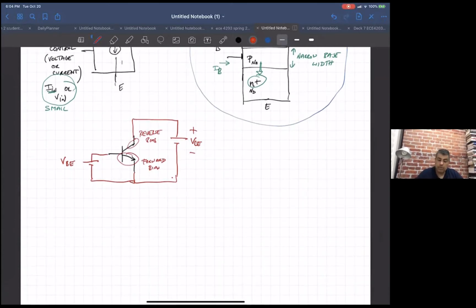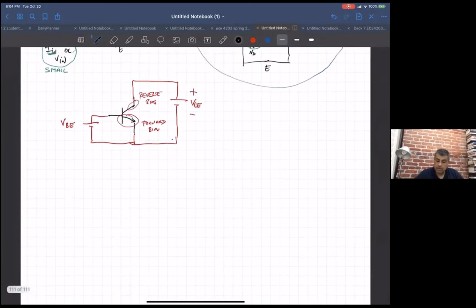Okay, and if you do that properly, if you make the base emitter voltage forward bias and the base collector voltage reverse bias, what you'll get is this device acting as a voltage controlled current source.